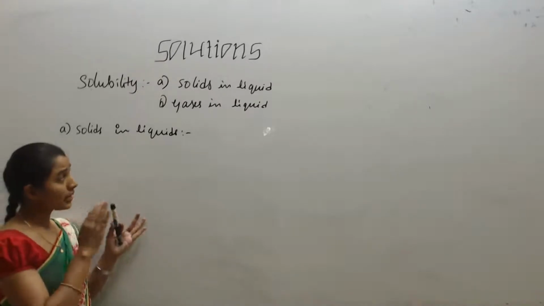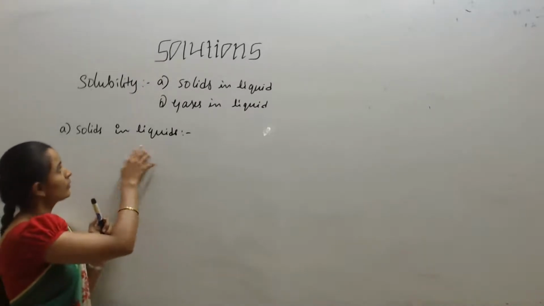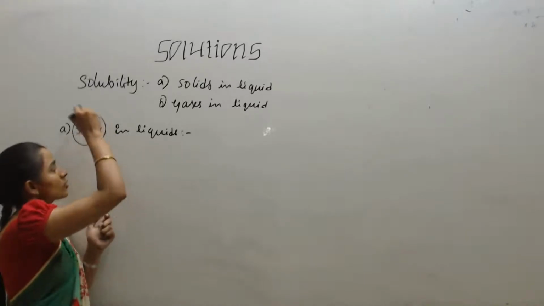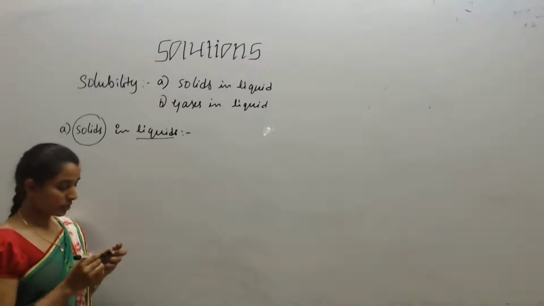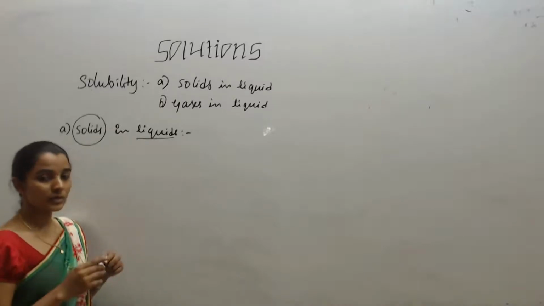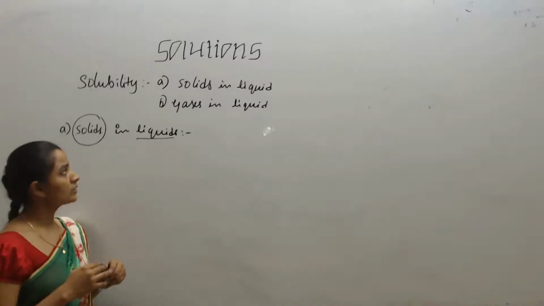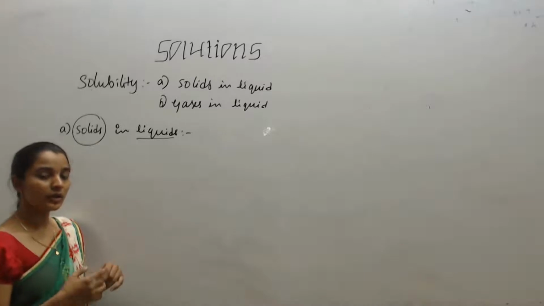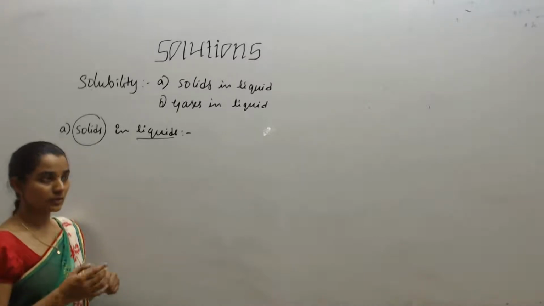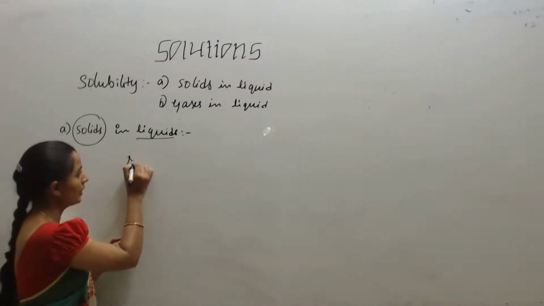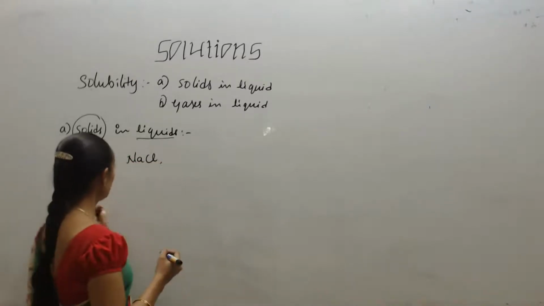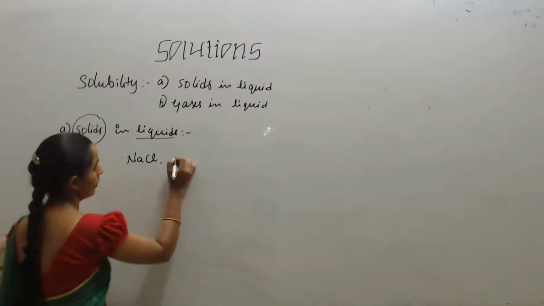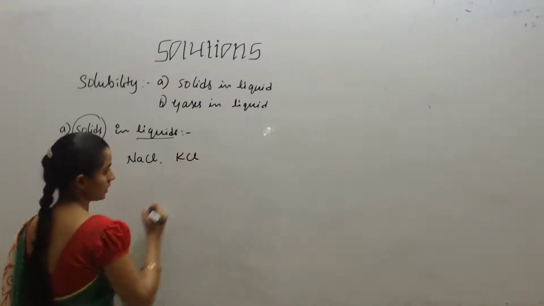Okay, in the solute and solvent, of course solutes are in solid state and solvent is obviously liquid state. So how solids dissolve in liquid takes types also. For example, take the example NaCl and also KCl.